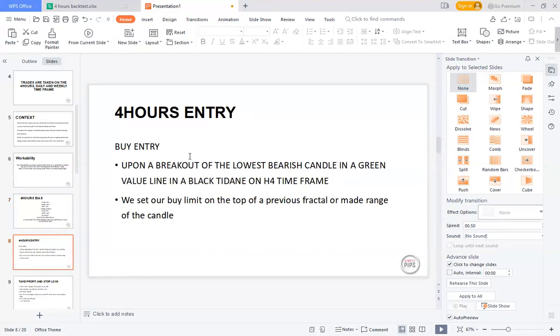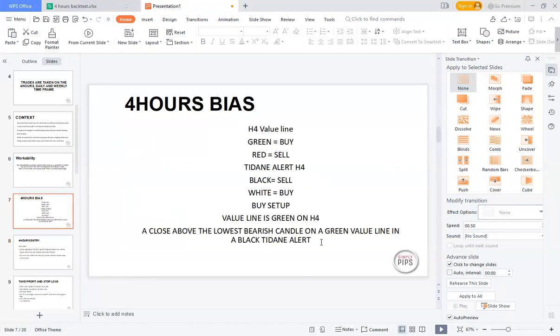Once we have the first, which is the green buy, the black TDIN alert, it means that we are looking for buys. So once we have a close above the lowest bearish candle on a green value line in a black TDIN alert, we execute our trade.